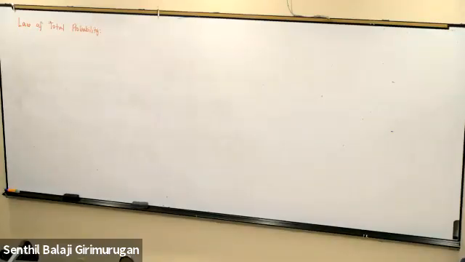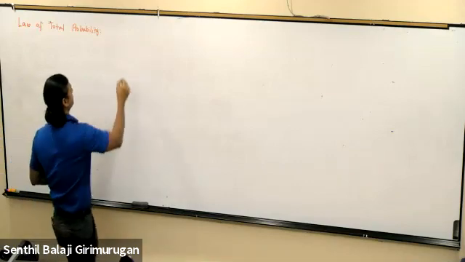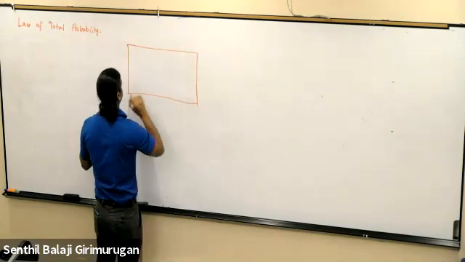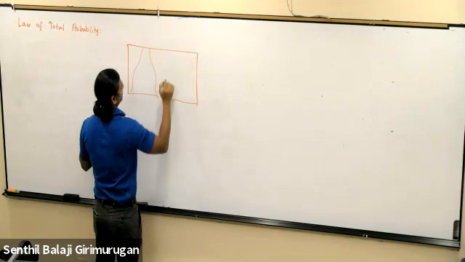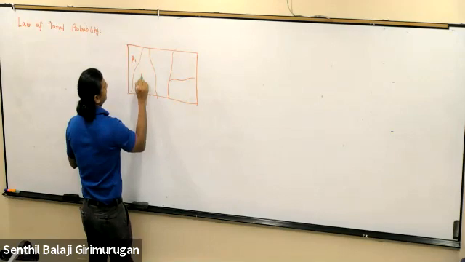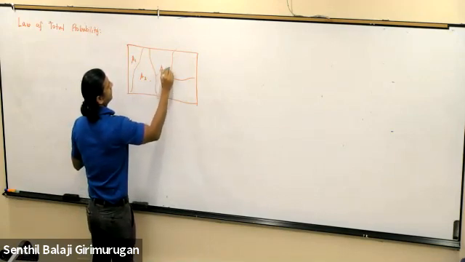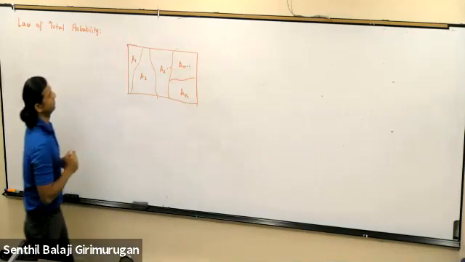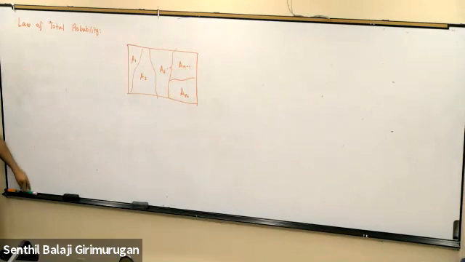Okay, law of total probability. This is very much important in Bayes' rule, which I'll write in a second. That dot simply means there's a whole bunch of partitions.